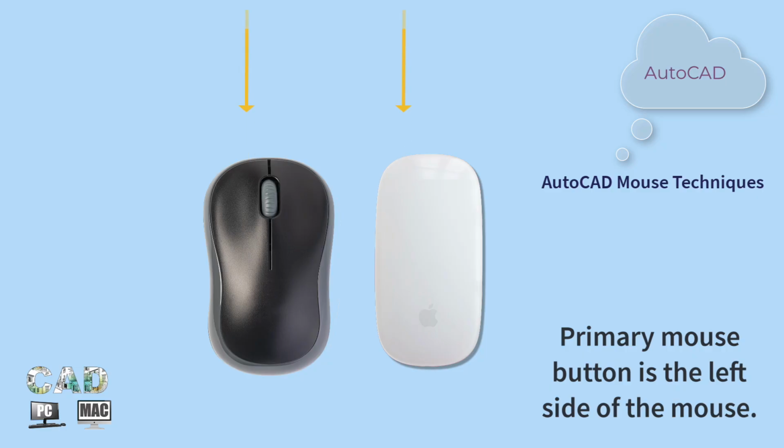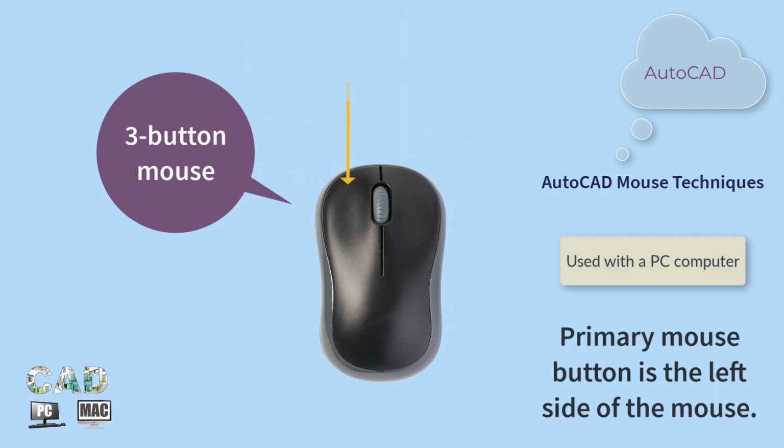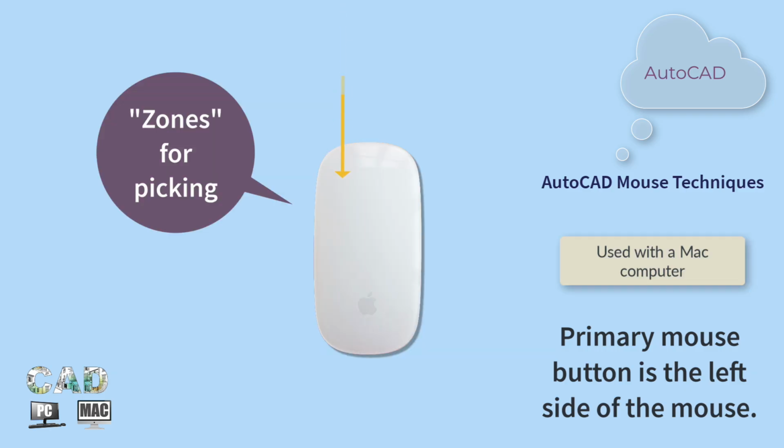The left side of the mouse is the primary button you will use when selecting objects in AutoCAD, and it is also the left button for drafting objects. On a 3-button mouse, primarily used with PC computers, the left button is well defined. However, on an Apple mouse, you will be simply picking on the left side of the mouse.